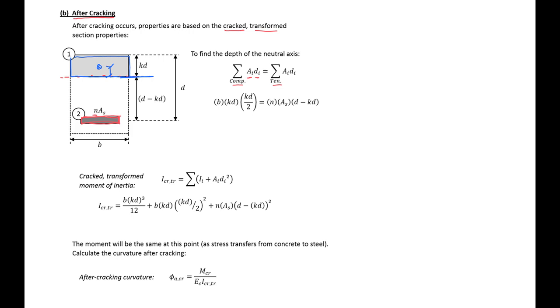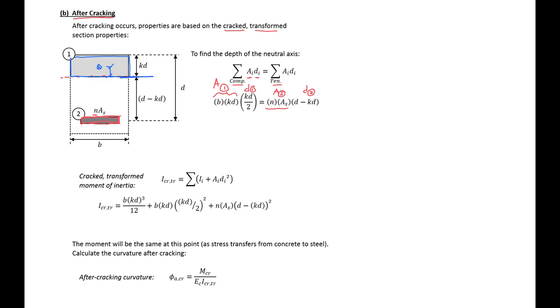For us, we'll have b times kd is our area 1, and kd over 2 is our distance 1. Our n times As is our area 2, which is below the axis, so in tension, and then d minus kd is our distance 2. So from the neutral axis to the steel.